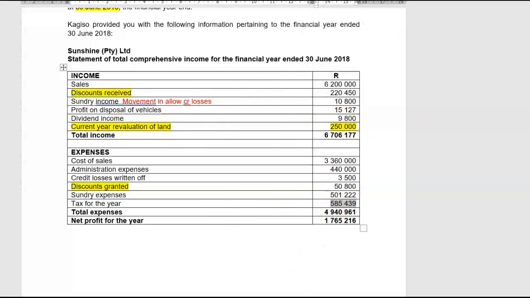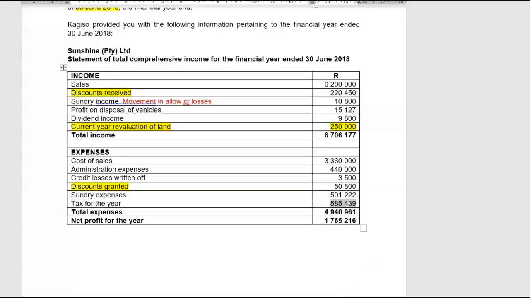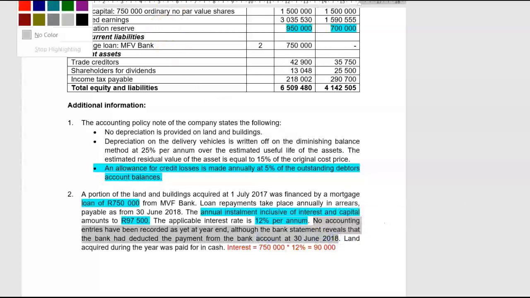So our profit before tax needs to be adjusted with the 585,439, which is tax, and I have to deduct the 250,000 because it was treated as an income figure. Now that interest that you see there is the interest on the loan, where they say that no accounting entries have been recorded yet at year end, although the bank statement reveals that the bank had deducted that amount as at year end.